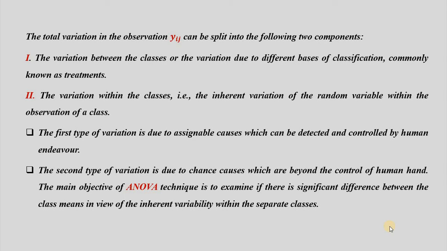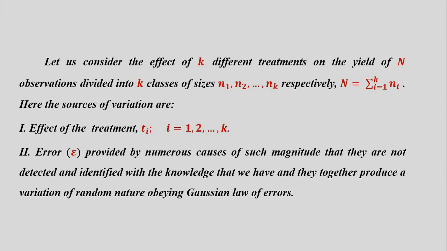So the main objective of the ANOVA technique is to examine if there is a significant difference between the class means in view of the inherent variability within the separate classes. So let us consider the effect of k different treatments on the yield of n observations divided into k classes of sizes n1, n2, up to nk. And here the sources of variation are the effect of the treatments.